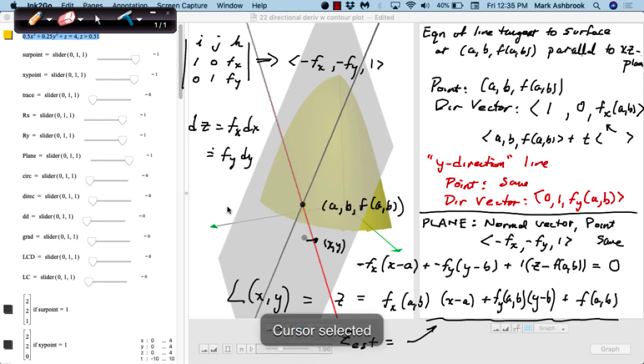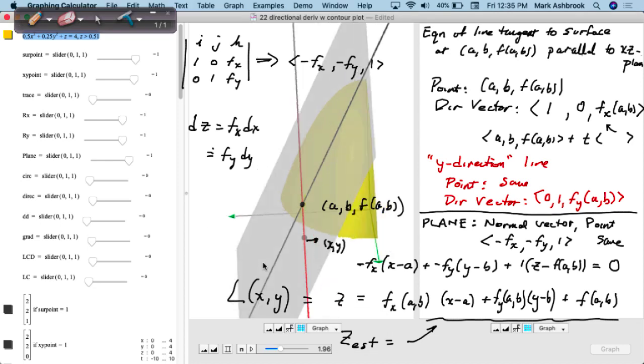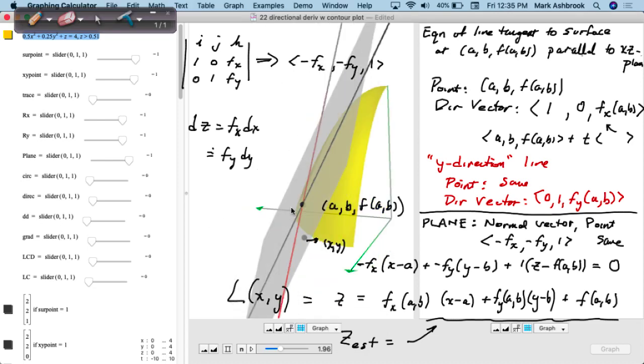Because if you move away, what happens if you move too far away from the point? Well, that surface starts deviating away from the plane. But close to that point, the plane is a good approximation of the surface. So this is called the linearization of the surface at (a, b).